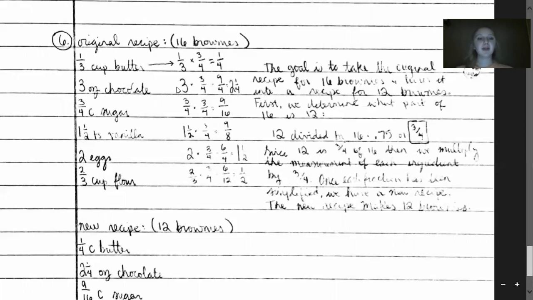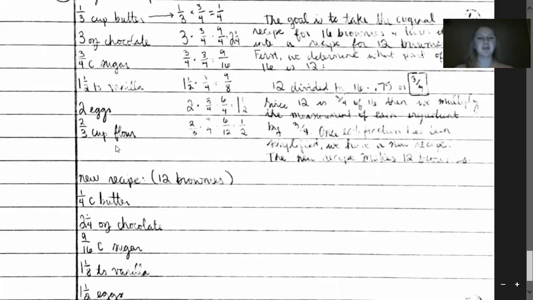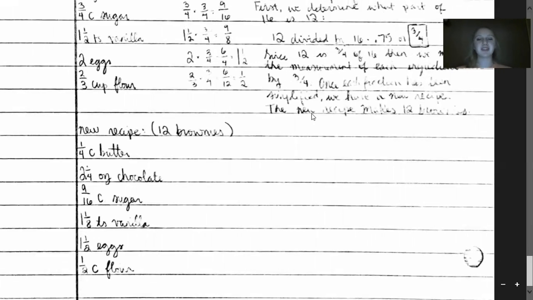So 1/3 cup of butter times 3/4 equals 1/4 cup of butter. 3 ounces of chocolate times 3/4 equals 9/4, or 2 1/4. 3/4 cup of sugar times 3/4 equals 9/16, and so on. And then the new recipe is written below and the instructions written to the side.